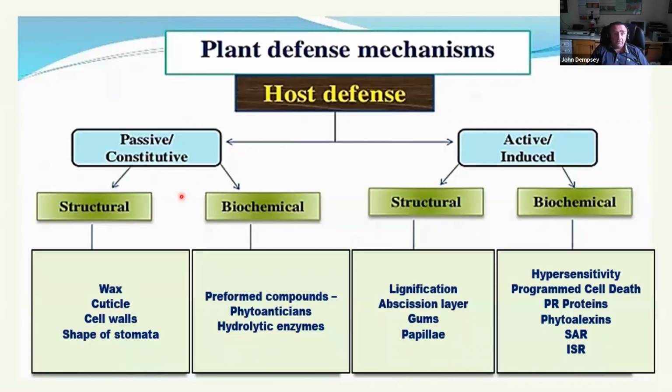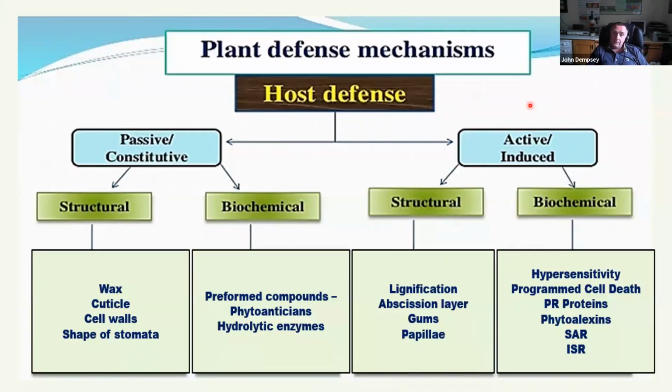And these are defenses that are in place all the time during normal growth, and they include structural defenses and also biochemical defenses. And then you have the more interesting ones, I think, over here on the right, these active or induced defenses. And these occur upon elicitation of infection.